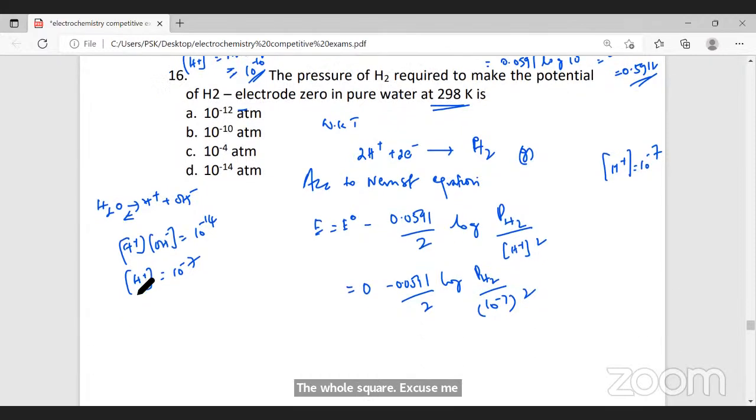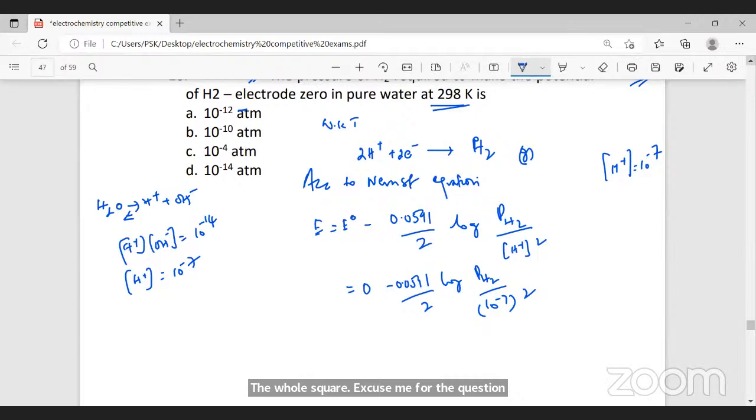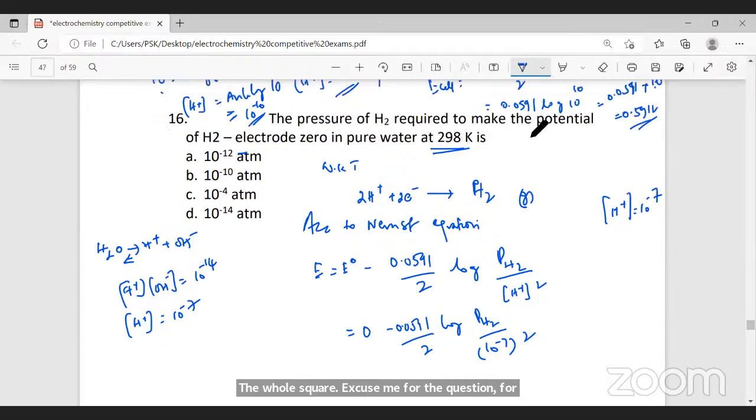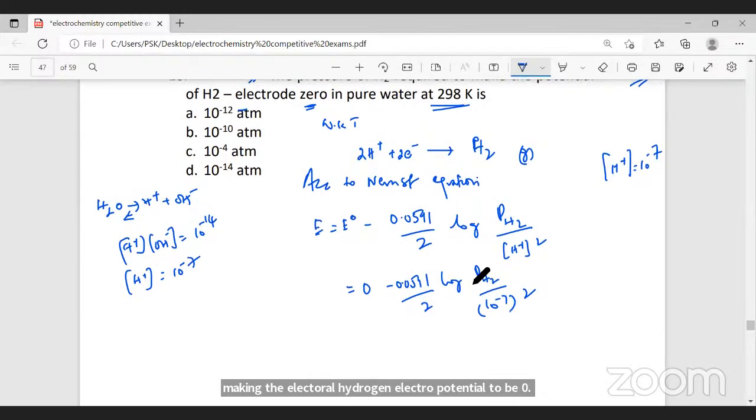For the question they've given you, for making the hydrogen electrode potential 0, we're supposed to calculate the pressure required. That means this E, we have to equate to 0. When we equate it to 0, the pressure of hydrogen gas should be equal to the concentration of H plus, the whole square, that is 10 to the power minus 14 atmospheres.